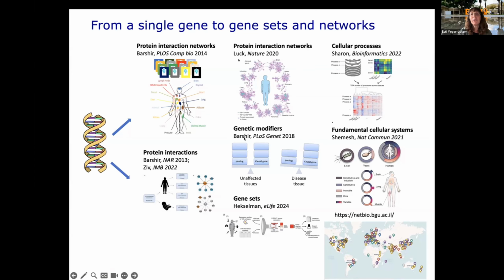We've been looking at genetic modifiers and how they are expressed across cells and tissues. We've been looking at gene sets and cellular processes, even fundamental cellular processes that are supposed to be present in every cell throughout the body, and yet when we analyze them, they do have some differences. We developed all kinds of tools, and these are available online; you can go to my lab's website, which is here.